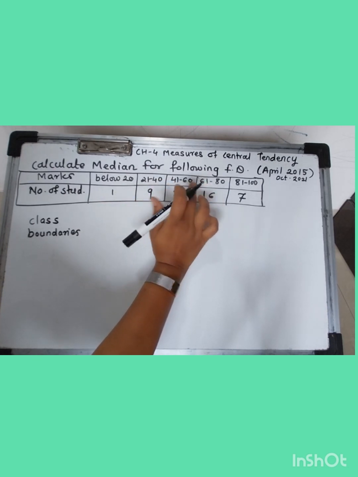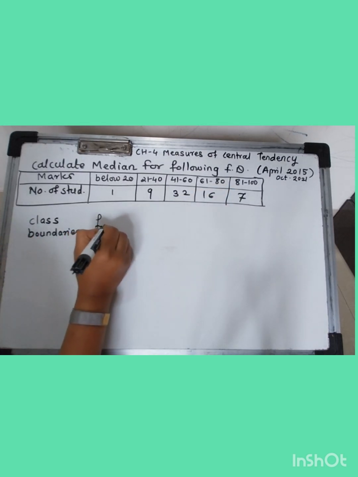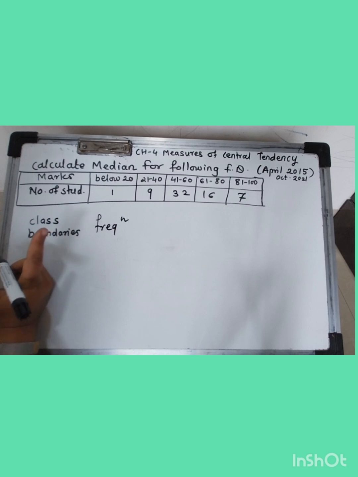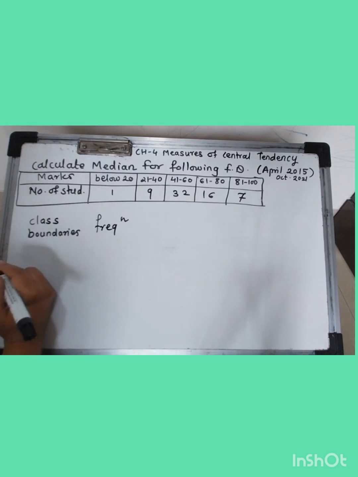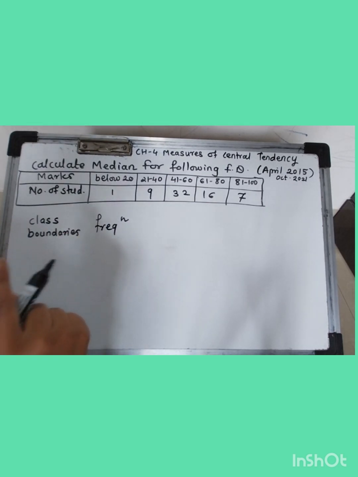So D is 1. So we have to obtain the class boundaries. How? Subtract 0.5 from the lower limit and add 0.5 to the upper limit.